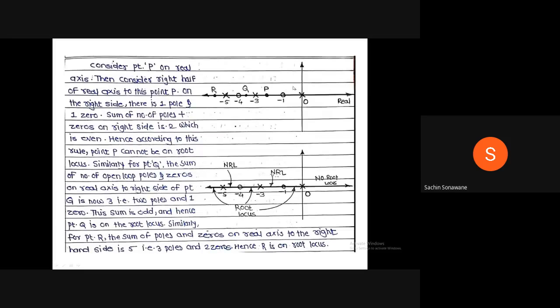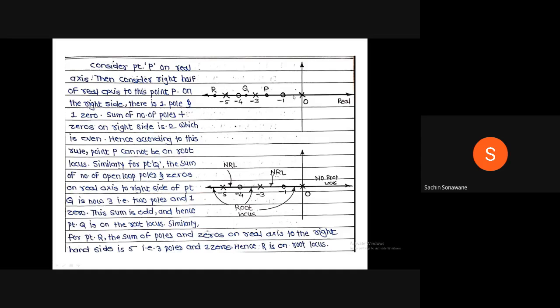Now, see here how to locate poles and zeros. Here s is equal to 0, s is equal to minus 3 and s is equal to minus 5. Therefore, poles and zeros are there on the real axis.